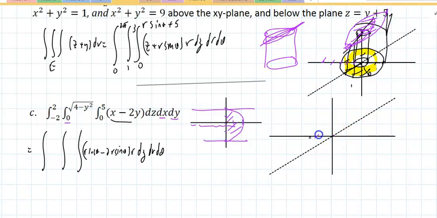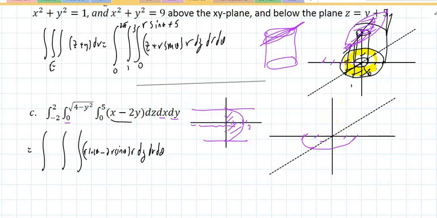So y runs between negative 2 to positive 2, and x runs from 0 to x equals 2 toward the positive x-axis. That region.